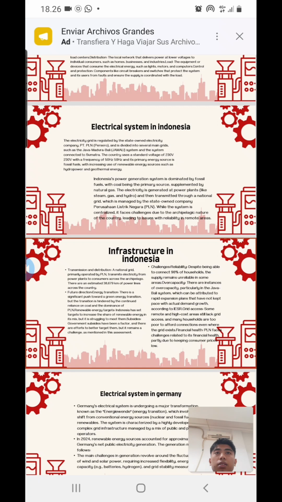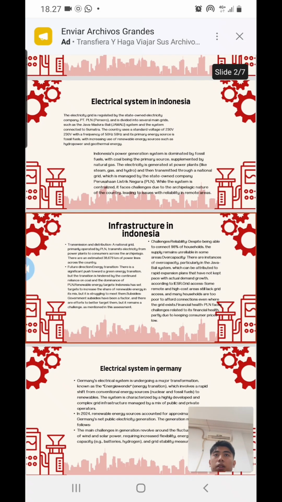The country uses a standard voltage of 230 volt, with a frequency of 50 hertz, and its primary energy source is fossil fuels.